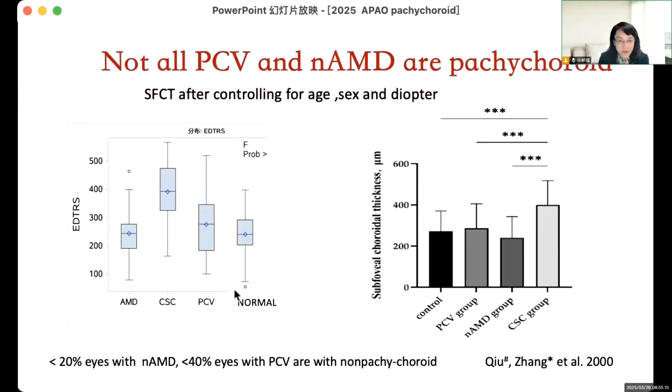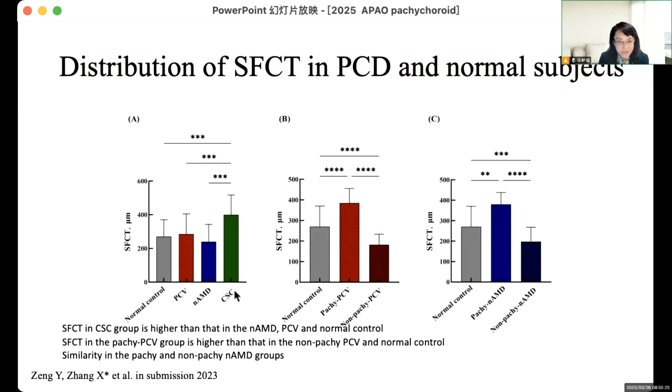We also found that about 20% of eyes with neovascular AMD and 40% of eyes with PCV were non-pachychoroid. SFCT in the CSC group is higher than that in the neovascular AMD, PCV, and normal control. SFCT in the pachy PCV group is higher than that in the non-pachy PCV and the normal control group. It was similar in the pachy and non-pachy neovascular AMD groups.